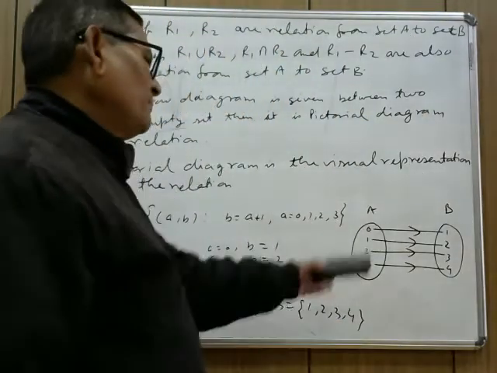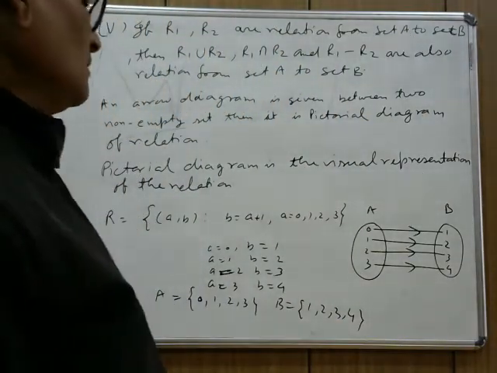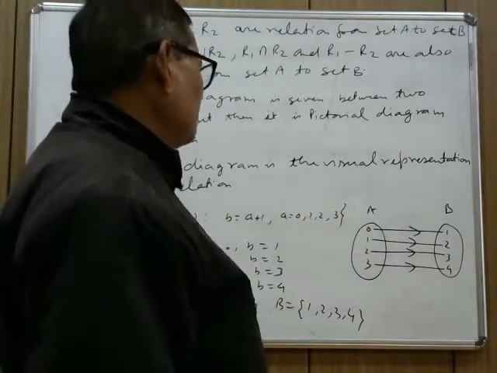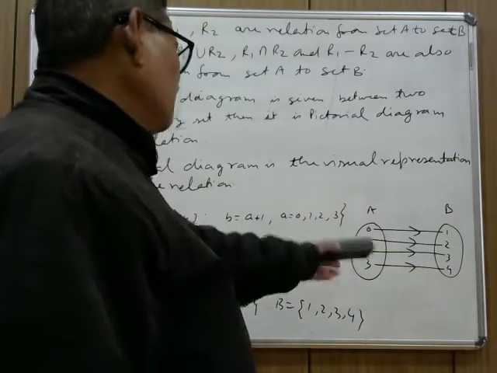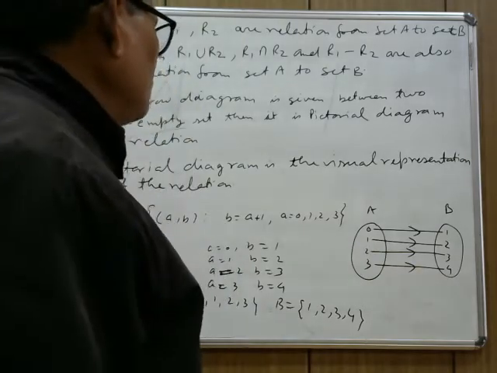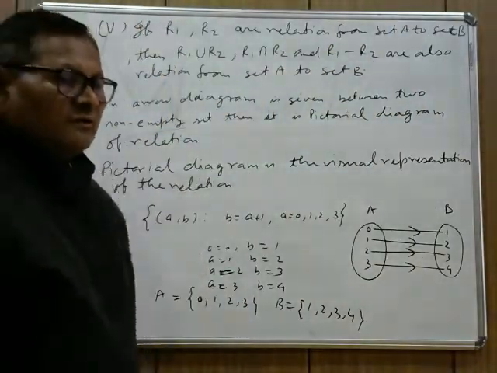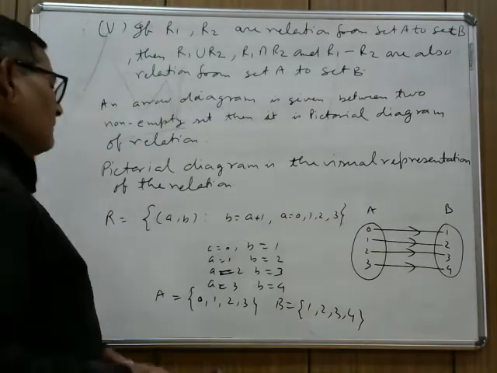So this is called the pictorial representation. The arrow diagram is a pictorial representation of the relation, and pictorial representation is also the visual representation of the relation. You remember this point, it is very important. Sometimes it is used in competitive exams also.